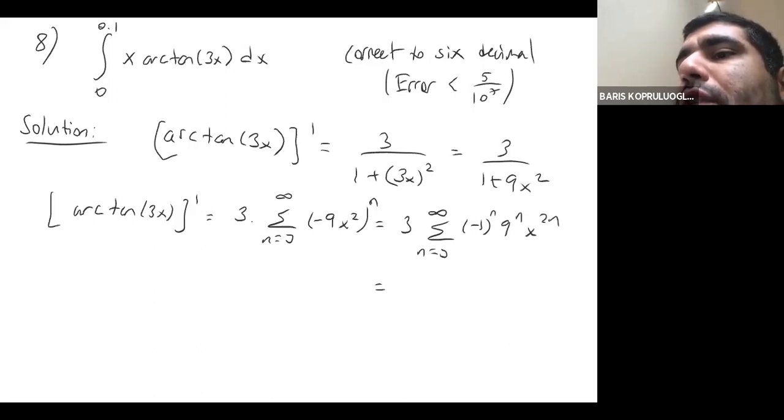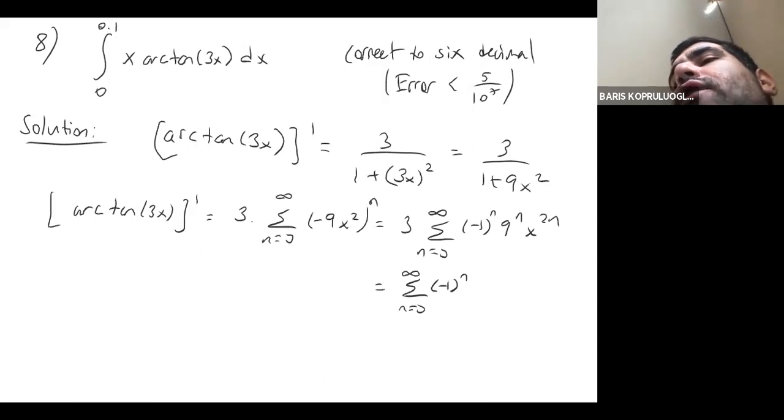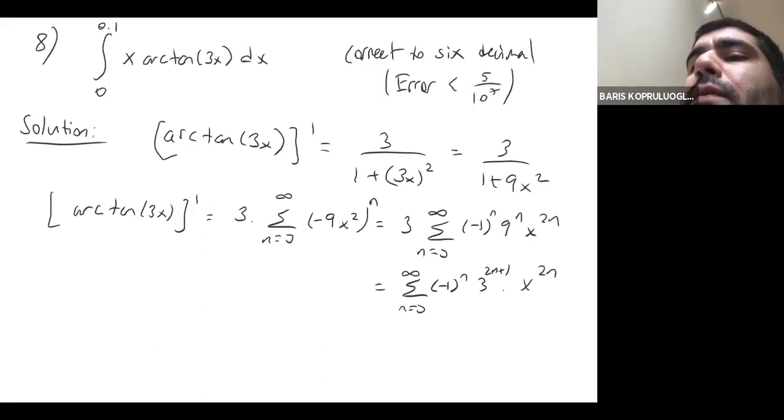And this can be rewritten as negative 1 to the n times 9 to the power of n is 3 to the power of 2n. If you multiply it by 3, you'll have 3 to the power of 2n plus 1 times x to the power of 2n. So this is, again, the derivative of arctangent.